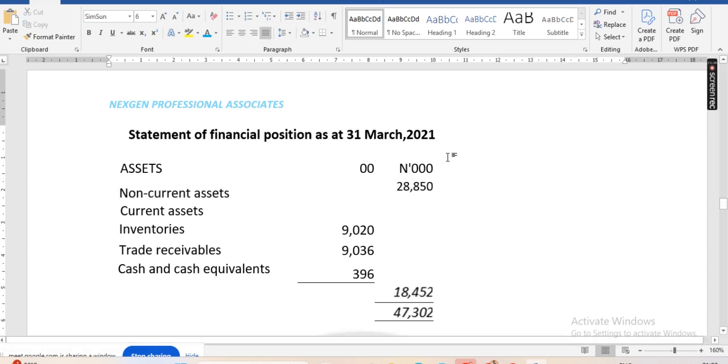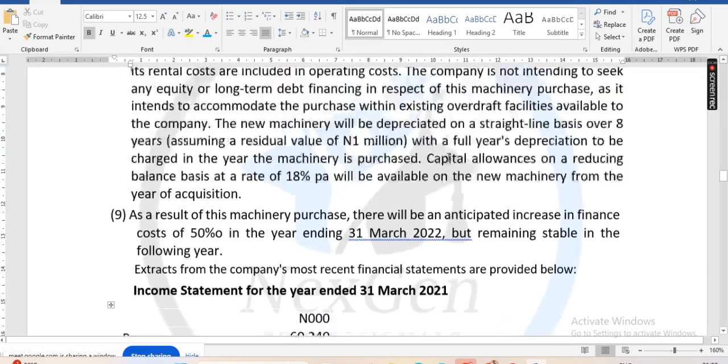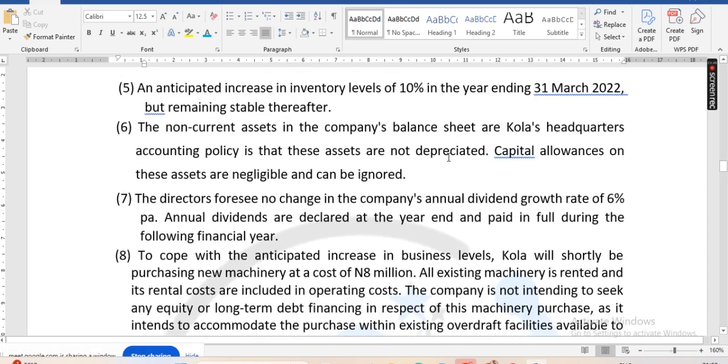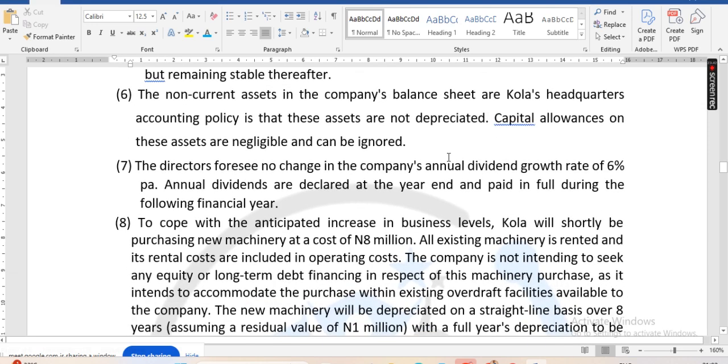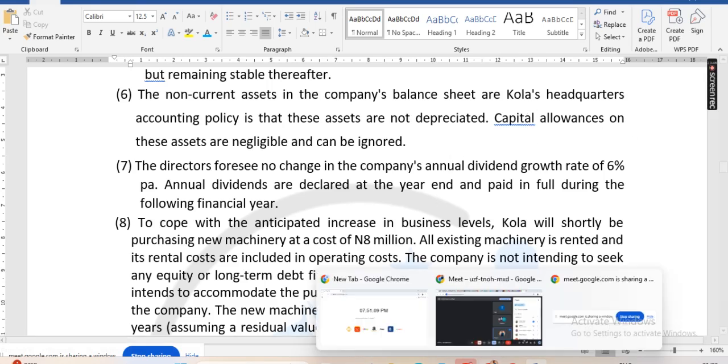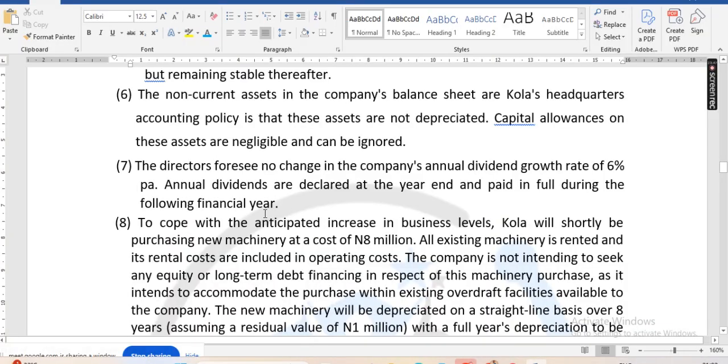Now, if that is established, we move to Roman figure 7. Please, if you don't understand the analysis, let me know. The directors foresee no change in the company annual dividend growth of 6% per annum.